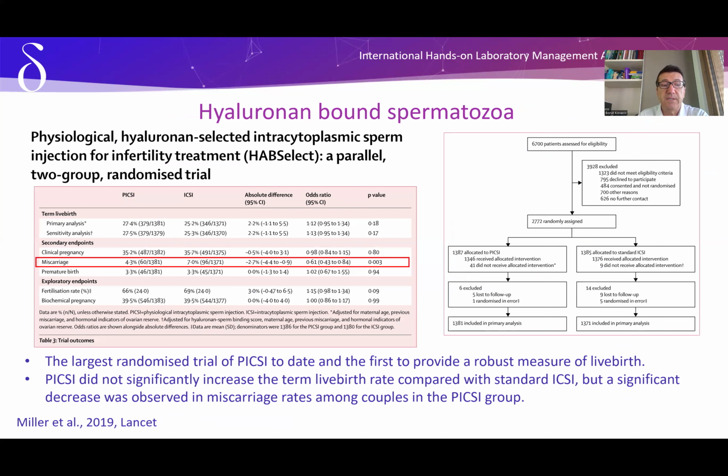So there is another study. This is the largest randomized trial on PIXI dish to date, and the first to provide a robust measure of live birth. But it showed that PIXI didn't significantly increase the term live birth rate compared with standard ICSI, but a significant decrease was observed in miscarriage rates among couples in the PIXI group.